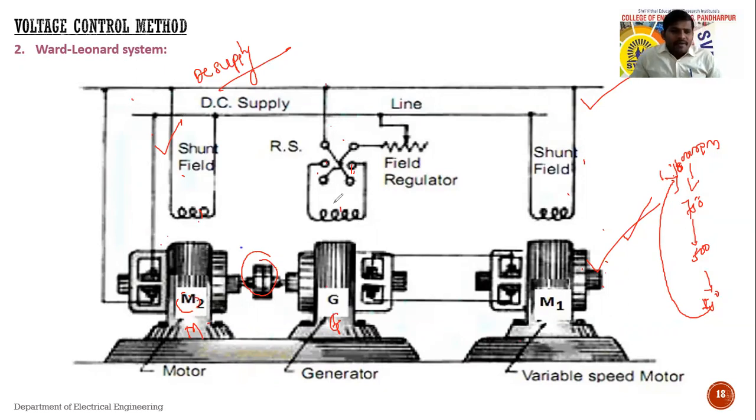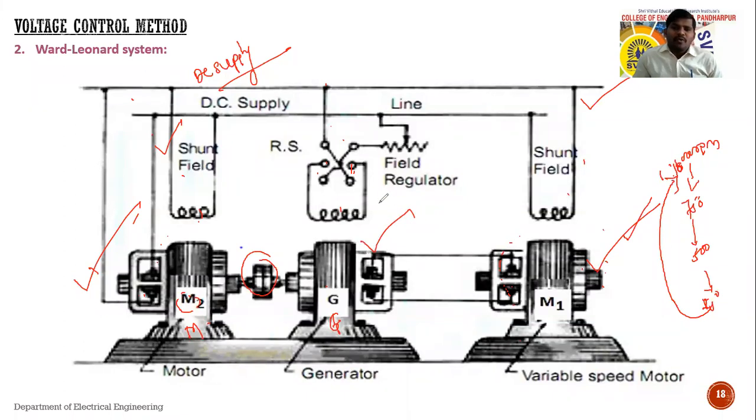Now see, initially this motor it can be started. Okay, initially ही motor काय करतो मी, start करतो. Now see here, whose speed we want to control, the input applied to that of motor, it is nothing but the output of generator.